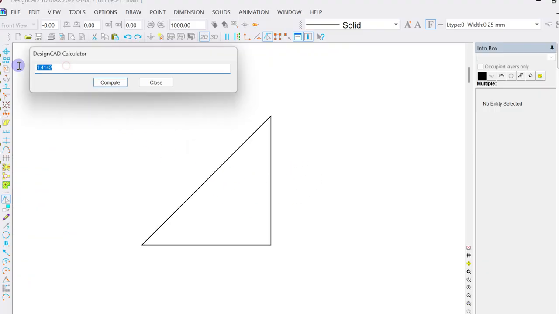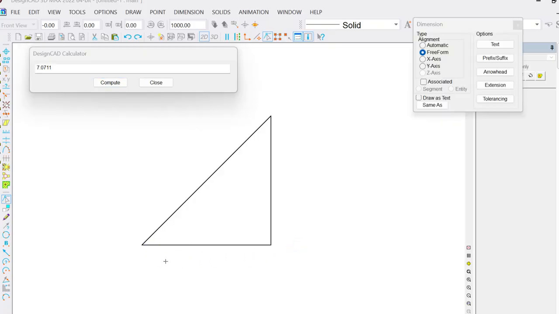But since the square root of 2 is for 1, you just go square root of 2 times 5. All right, and that'll equal 7.0711. And that's a very good one to remember too, because the survey calls it a 5-5-7.07.